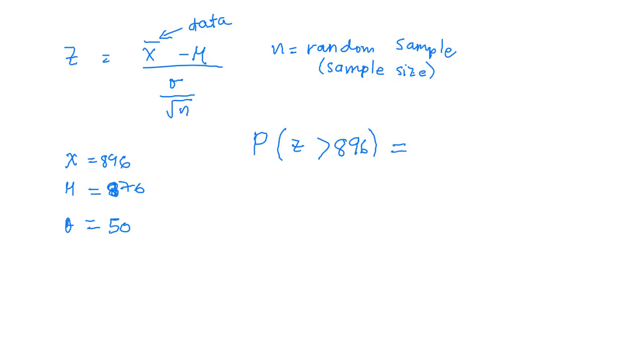We're going to use this formula because we have the sample size. So just plug in z is equal to 896 minus 876, where standard deviation 50 divided by the square root of your sample size, which is 53.